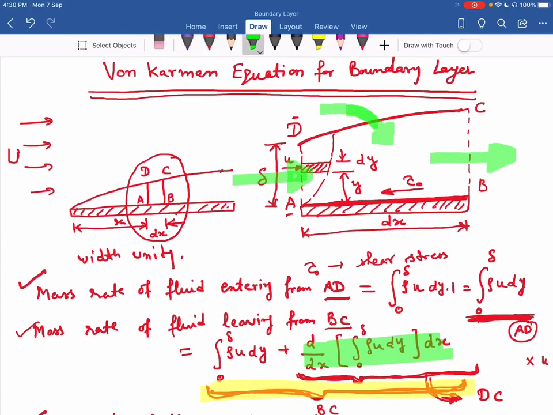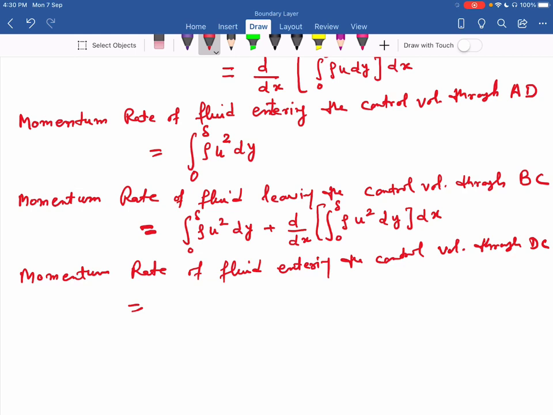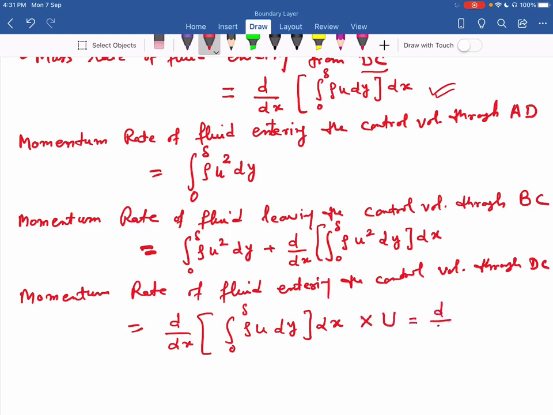The entry is from here, and this entry is with velocity capital U. So I can write the momentum as the mass flow rate, d by dx of the integral from 0 to delta of rho u dy into dx, multiplied by capital U. It comes out to be d by dx of the integral from 0 to delta of rho small u capital U dy into dx.